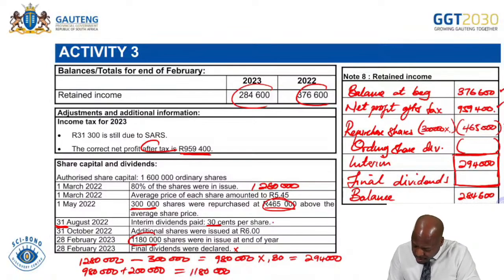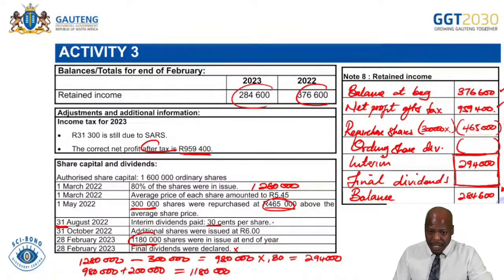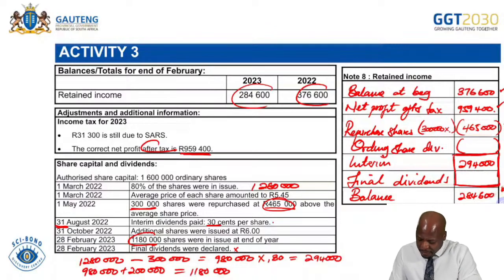Then subtract this last balance as well: from that 871,000, you say minus the 284,600. Once you subtract the 284,600, you remain with 586,400.